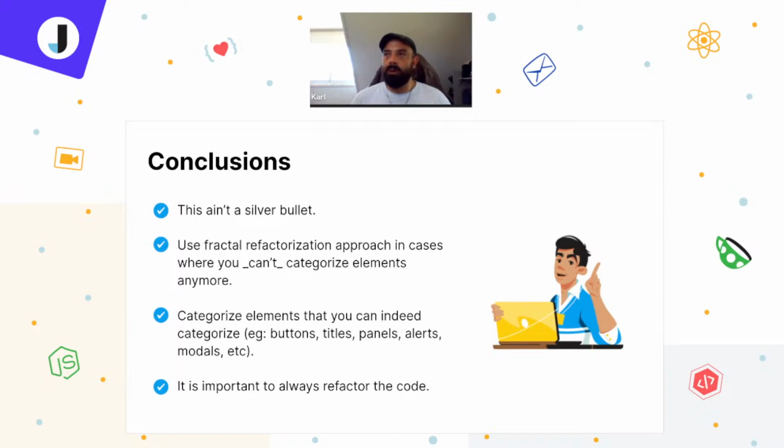So the people working with this component had a lot of trouble testing it and changing a little thing. And they had no idea how to categorize that component, because you can't categorize something that is unique. So the fractal refactorization approach is meant to be used with things that are unique.